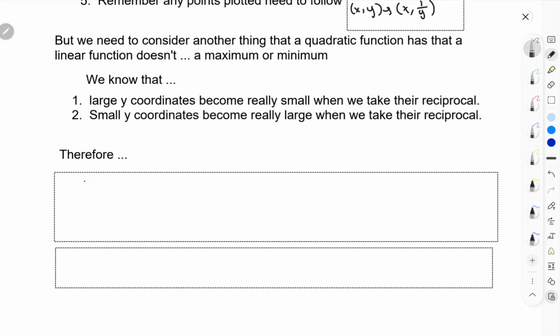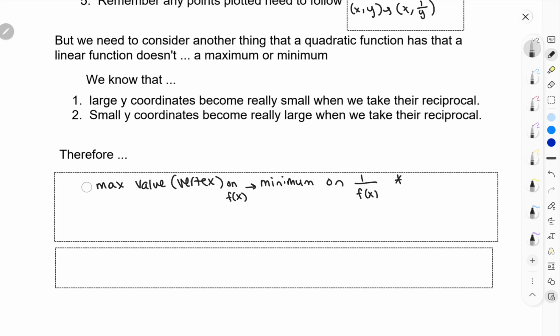So what ends up happening is that a maximum value at my vertex on f of x turns into a minimum on 1 over f of x.